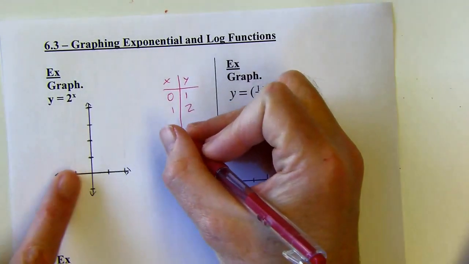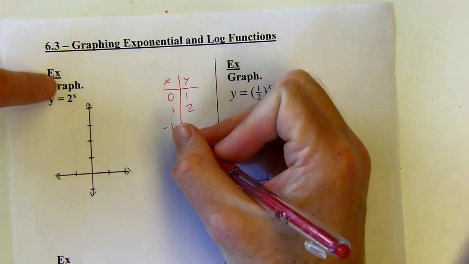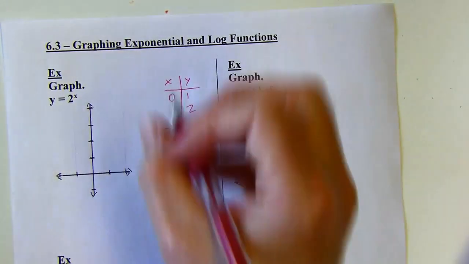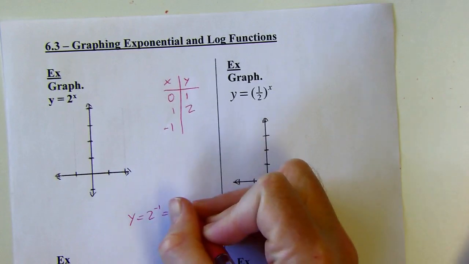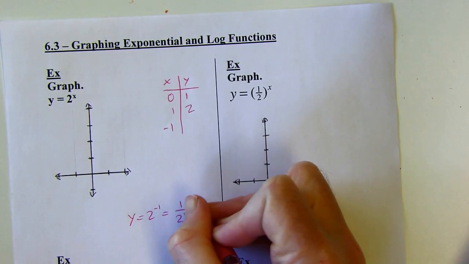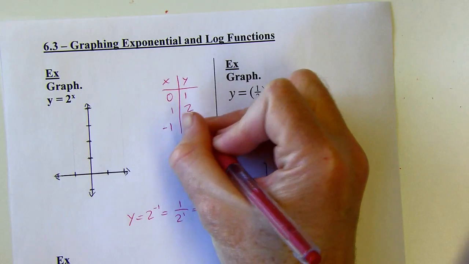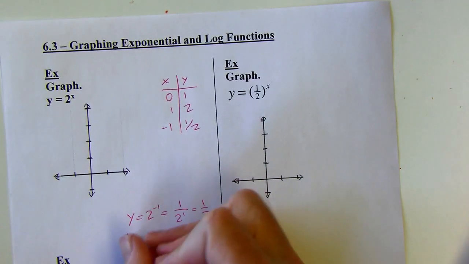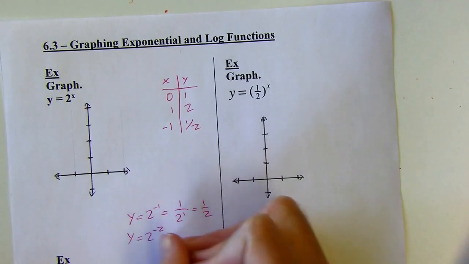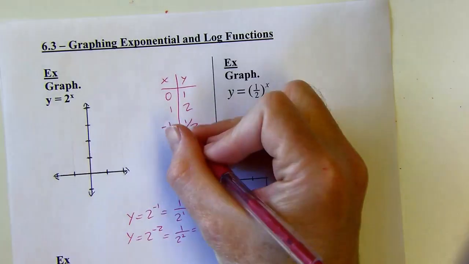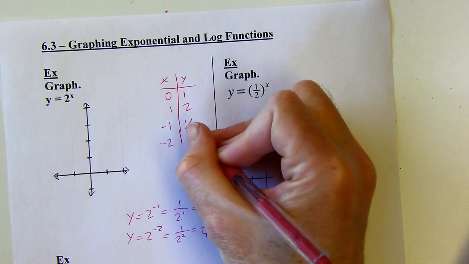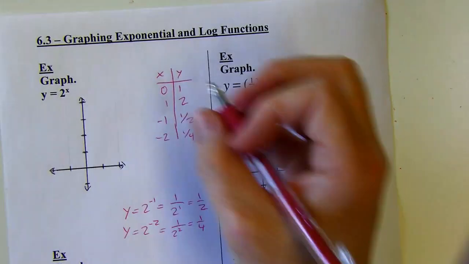So let's go into the negatives. If y equals 2 to the negative 1st, then y is going to equal 1 over 2 to the 1st, or 1/2. And if I put in a negative 2, then I've got 1 over 2 squared, which is 1/4. Okay, so let's graph this.